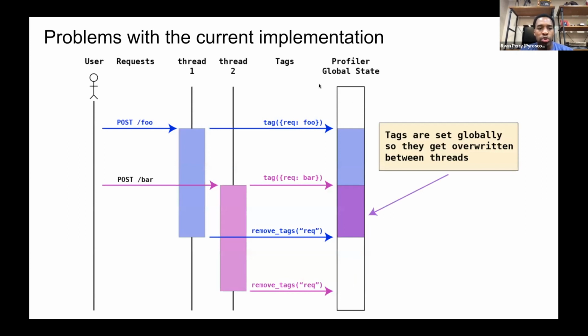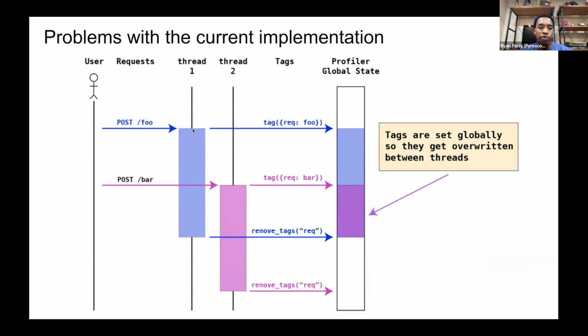Also worth mentioning is a problem that we're dealing with now. Often Python programs are multi-threaded, or at least ones that are doing a lot of work, and the problem is that, let's say there are 2 requests, one doing /foo and one doing /bar.